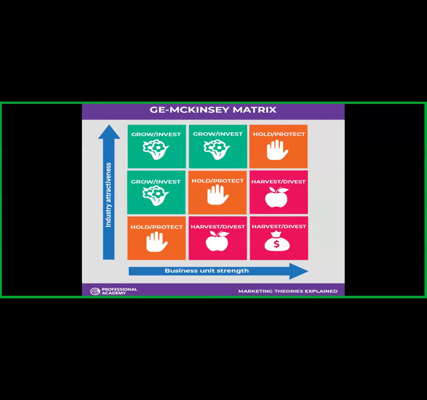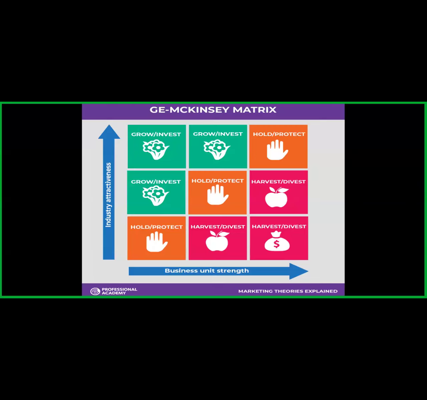It talks about industry attractiveness and business unit strength, so we need to analyze our product under these. Industry attractiveness means what is the potential of that particular industry, and business unit strength is what the strengths of your organization are.